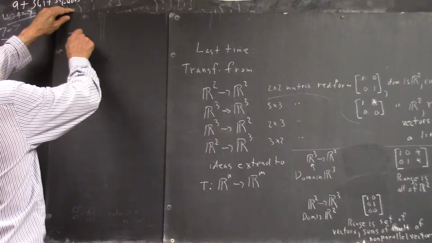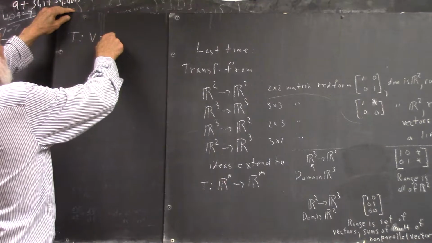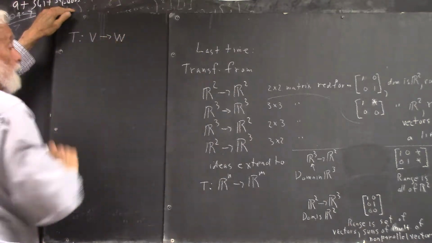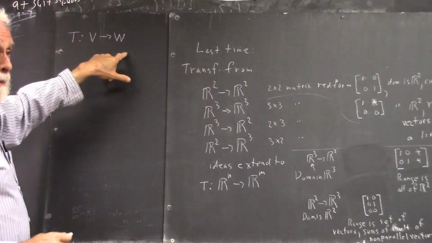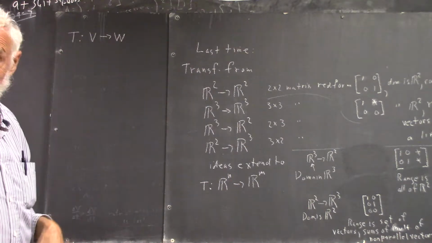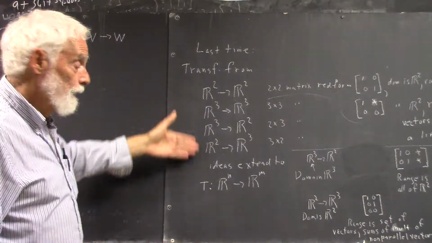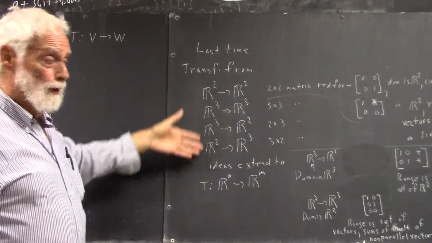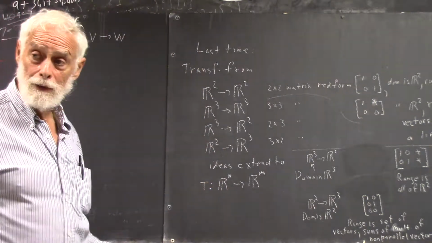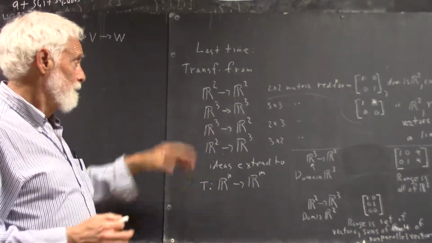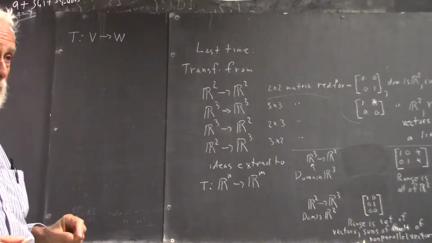So, question. For a transformation from a vector space V to a vector space W, where you could think of V as Rn and W as Rm, just 2 different real spaces, you can come back and think about one of these, because anything you think here extends in a pretty natural way to higher dimensions. So you can always come back to your intuition and your picture of 2 and 3 dimensions.